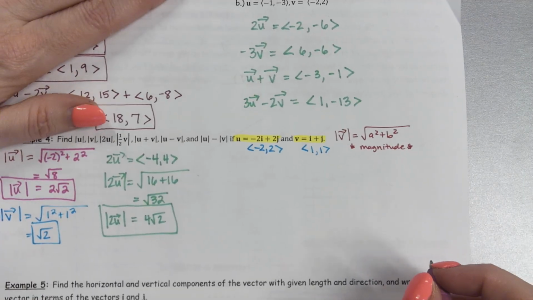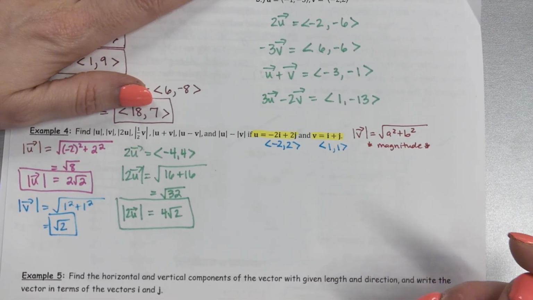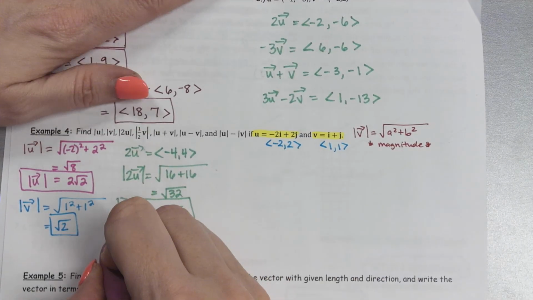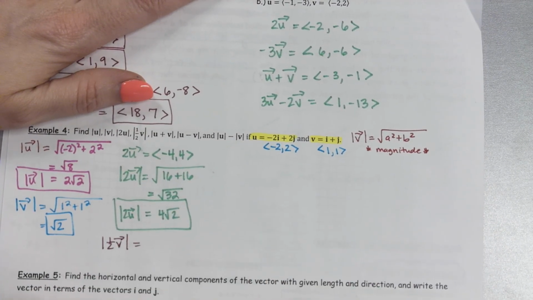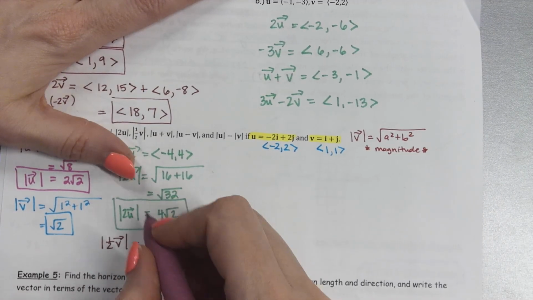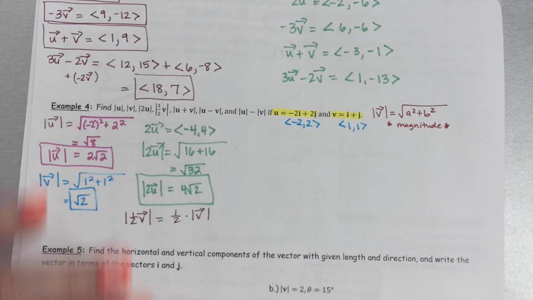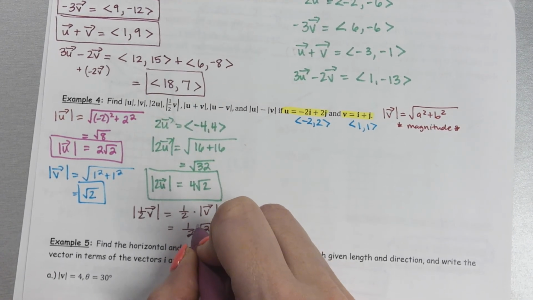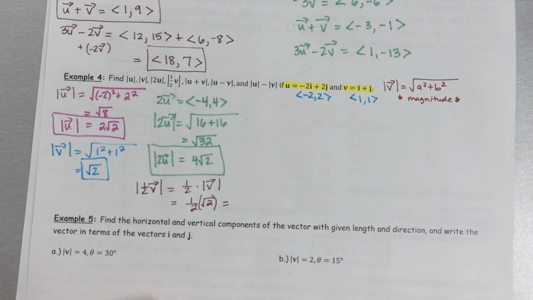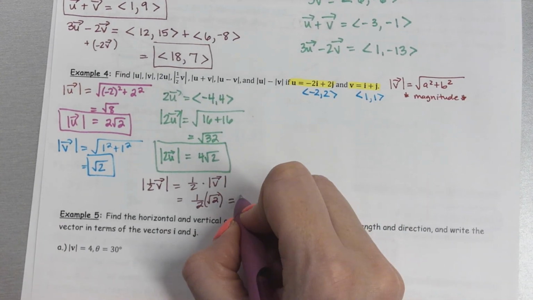So if you do the 1/2 v, okay, it really is just taking 1/2 and multiplying by your magnitude of v. So 1/2 times √2, how would we write that? √2 over 2, yeah.